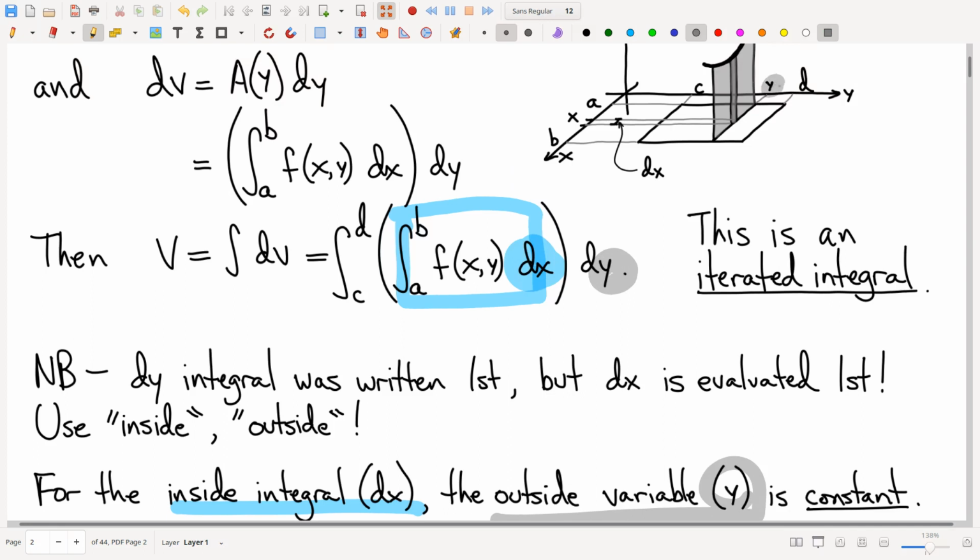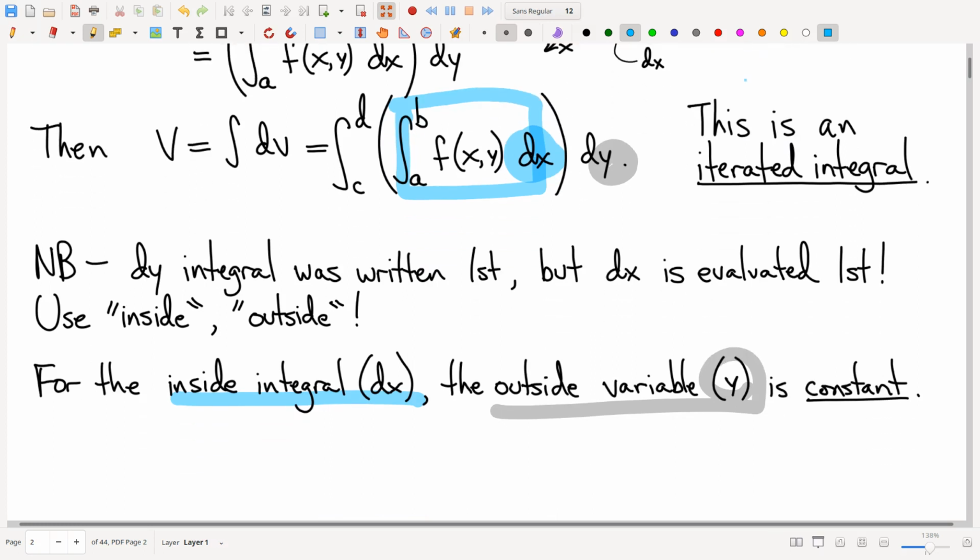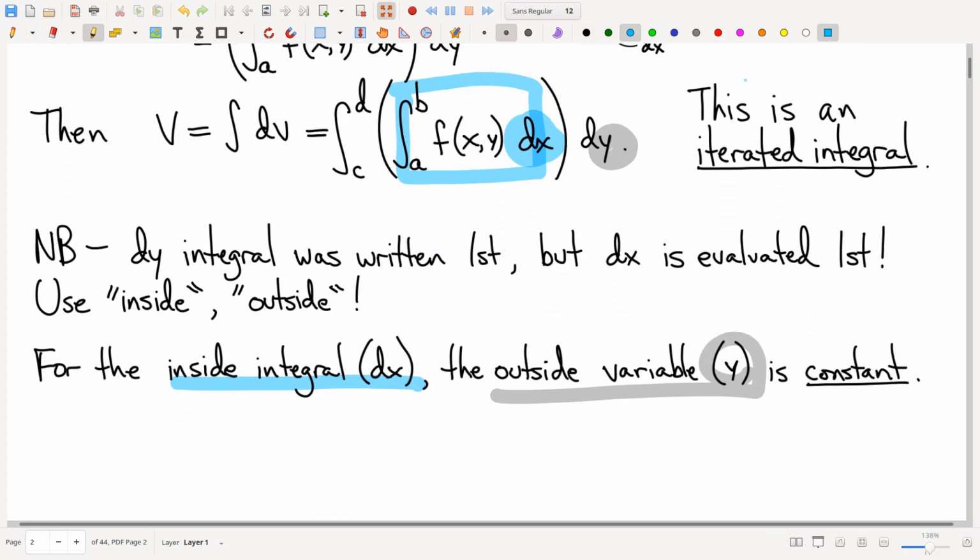Well, of course it is. It is literally a constant for the purposes of defining what that inside integral is. Is that cool? Not in all instances will you have a picture sitting there looking at you, so you just need to be prepared. Just remember, for the inside integral, the outside variable should be treated as a constant. Everybody's happy?